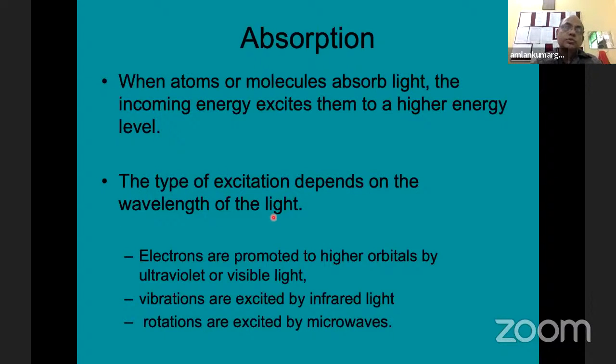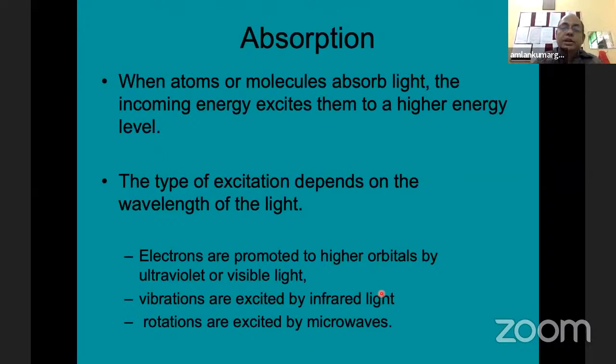What type of light is coming and hitting those electrons? If it is, say, visible light or ultraviolet light, those electrons will move to higher orbitals that we have just now discussed. But if instead of visible or ultraviolet light you apply infrared light, then instead of going to higher energy levels, it will start vibrating.